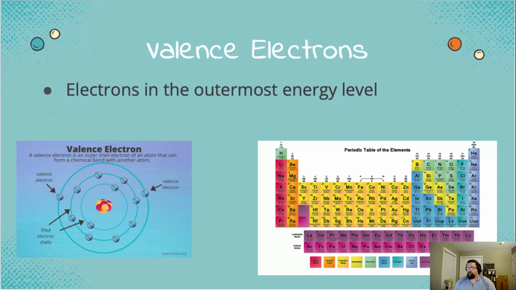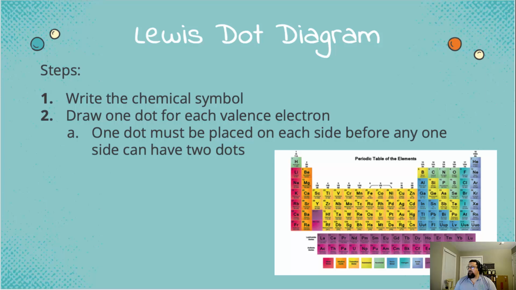So now we've got to look at these rules. How do we actually do the Lewis dot diagram? You simply write the symbol. If we were to start with nitrogen, the symbol for nitrogen is N. Now you're going to draw 1 dot for each valence electron, so 5 dots. 2 are allowed to go on the top, 2 on the right, 2 on the bottom, 2 on the left, for a total of 8 electrons for our 8 different groups.